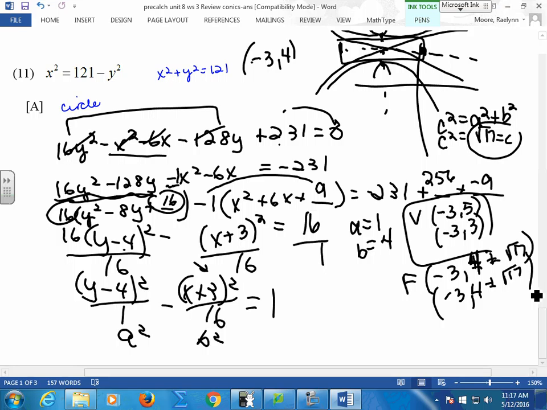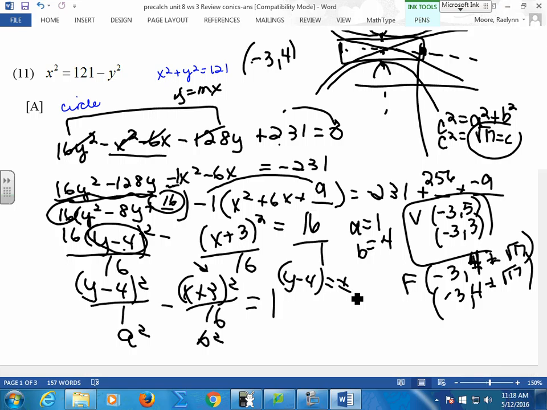Now my only last thing is my asymptote, right? So the asymptote is a line. True? So it's kind of going to look like a y equals mx type of thing. Take the y part. Guys, this is important. Take the y part, not the square. Equal, plus or minus. There's my slope. My slope says change in y. Go underneath my y.